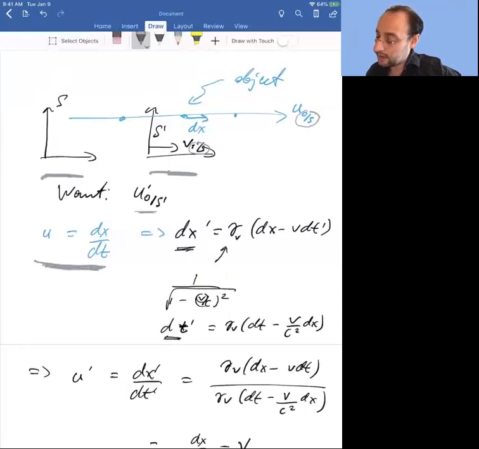U is dx/dt. How do we relate it to the prime frame? Well, on the one hand, we know that dx prime is given by this expression. Now, what is gamma? Remember there's a V inside gamma. Inside gamma, there is a velocity mentioned. And sometimes I will use a subscript to indicate what specific velocity. So in this case, it's the V that's mentioned inside gamma.